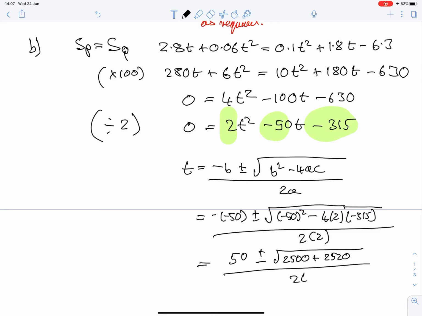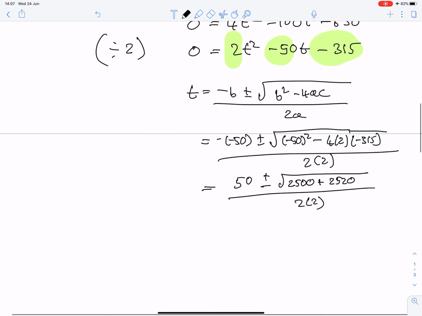Anyway, we'll check it on a calculator. So that will be over 4. You can check the numbers work, and I think that comes out to be T equals 30.21 or negative 5.21.